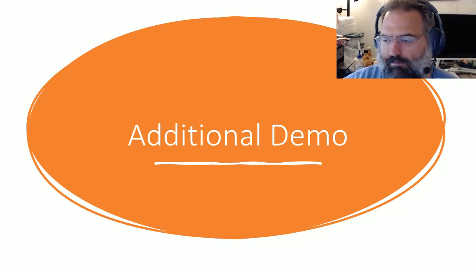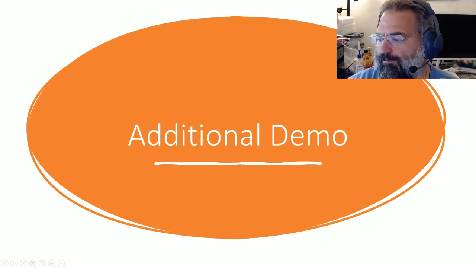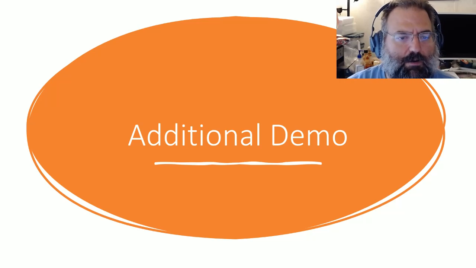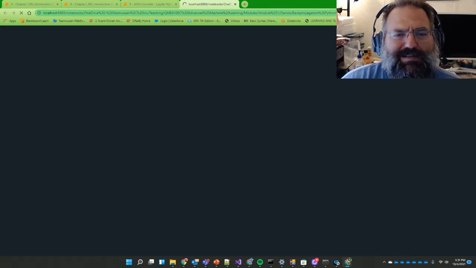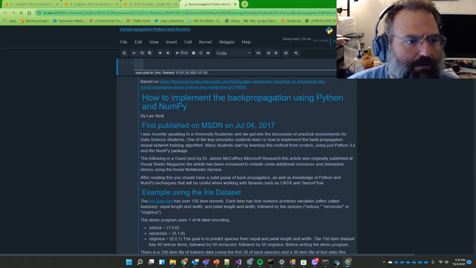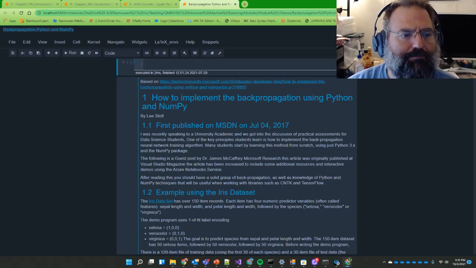So we are pretty much at the end of this session. I'll briefly show this just because I can. The basic idea here is I took a look at this and found essentially a description of working through backprop with Python and NumPy.